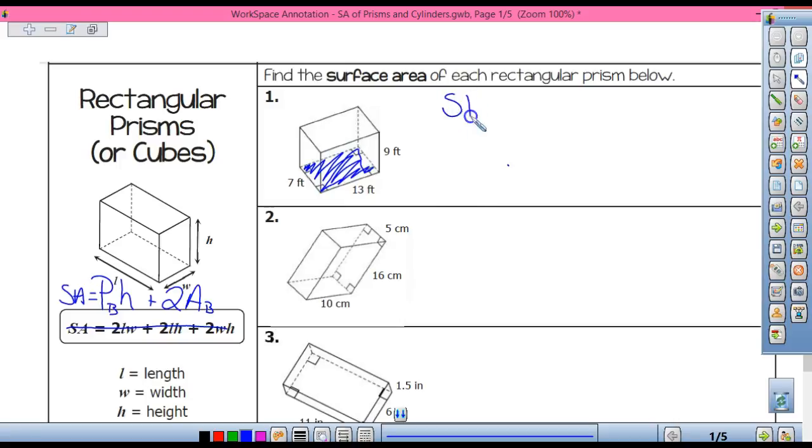So my surface area equals, what is my perimeter of that base? 7 by 13, so if I were to draw this out, it would be 7, 13, this side would be 7, this side would be 13. So let's figure out that perimeter.